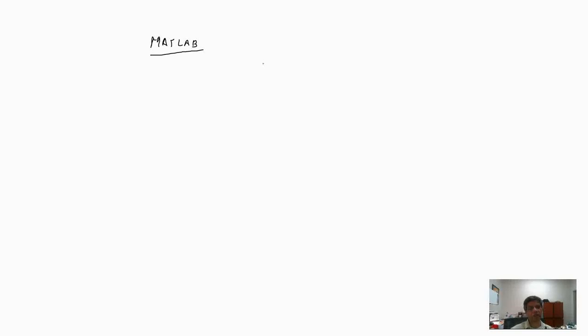It can be used for circuit analysis, graphing, and so on. For our purpose, we are going to use the symbolic portion of MATLAB to define our symbols.